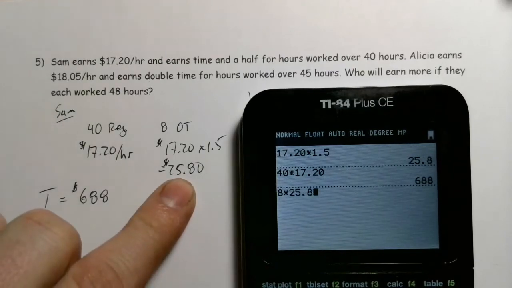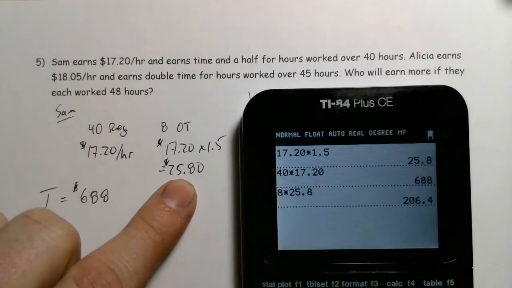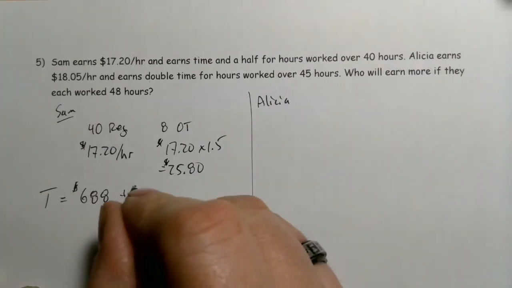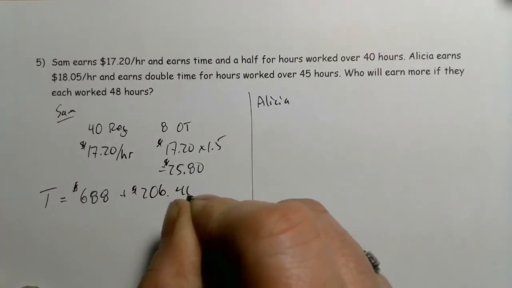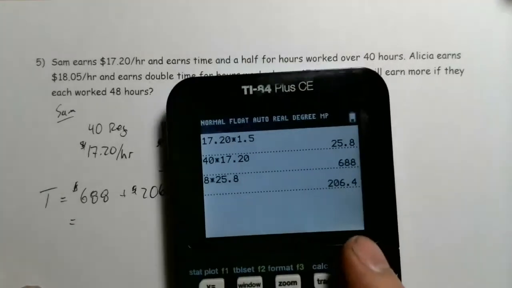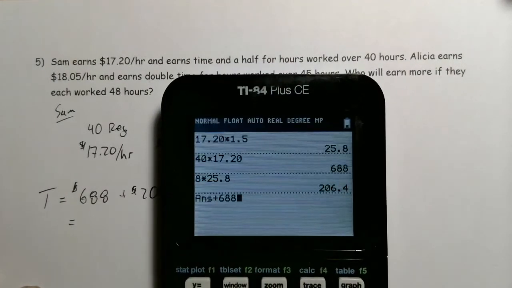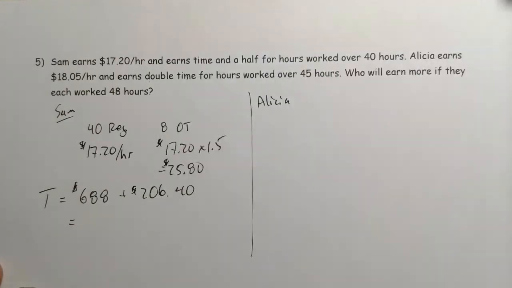That's his overtime pay. He's going to get an additional $206.40. And now, if we add those up, he's going to get $894.40.